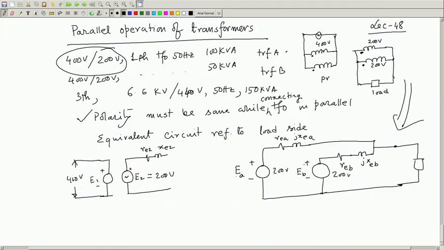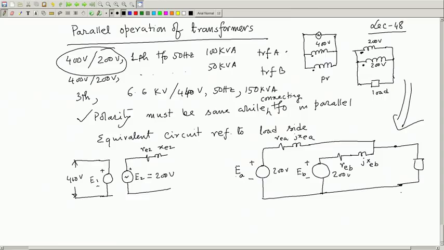Sometimes when you have applied the same primary voltages to the primaries of these two transformers, there may be a slight difference in the secondary voltages. For example, this is 200 volt, this may be 208 volts. They are not after all identical, there may always be a slight difference.